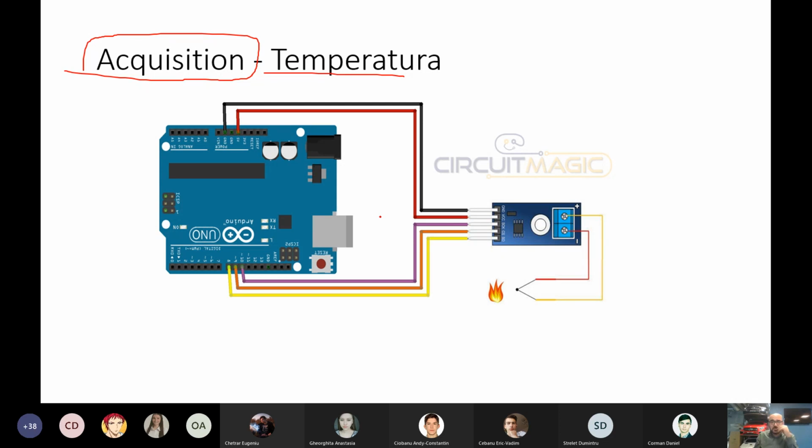With this construction of the sensor, we can measure analog data and a binary level. With this potentiometer, we can set a threshold, and in this case we can say whether we have flame or not.